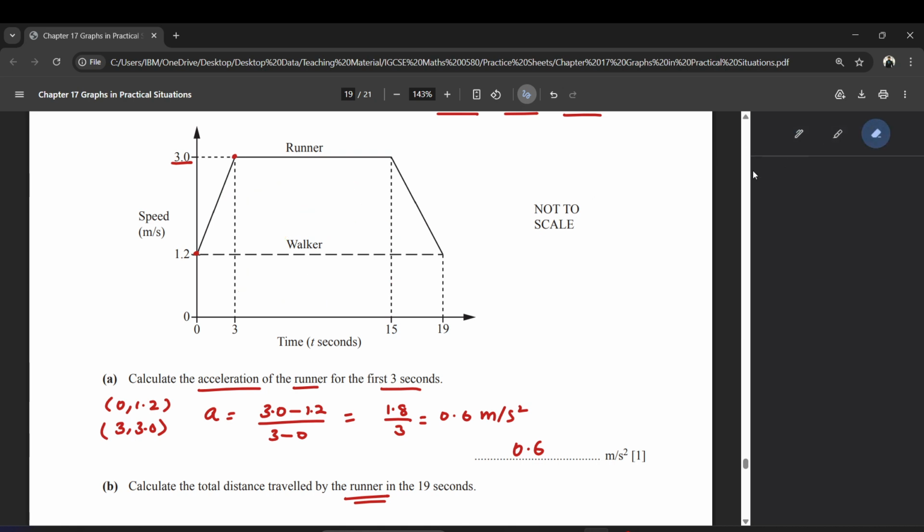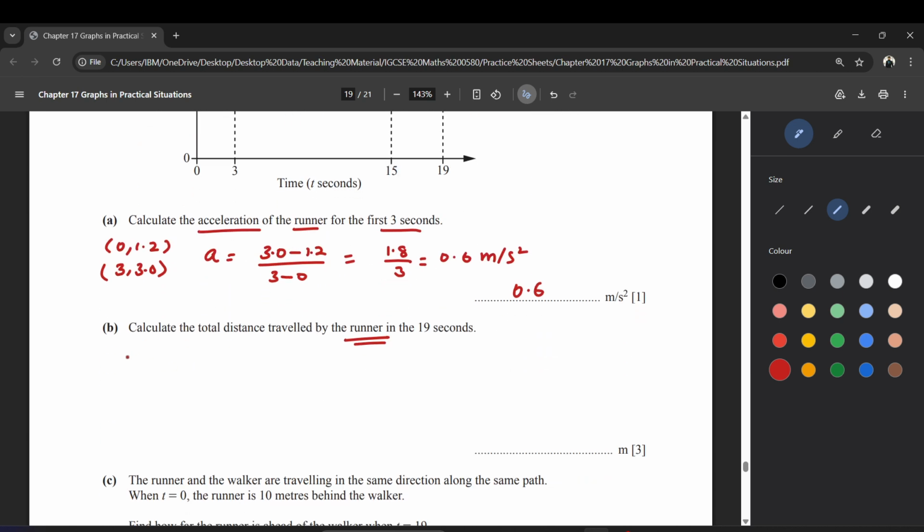Okay, so distance traveled equals area under the graph.